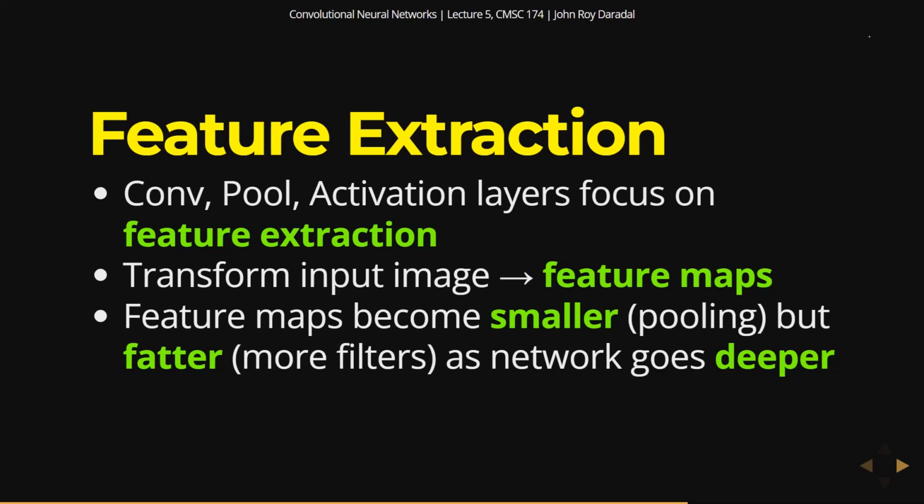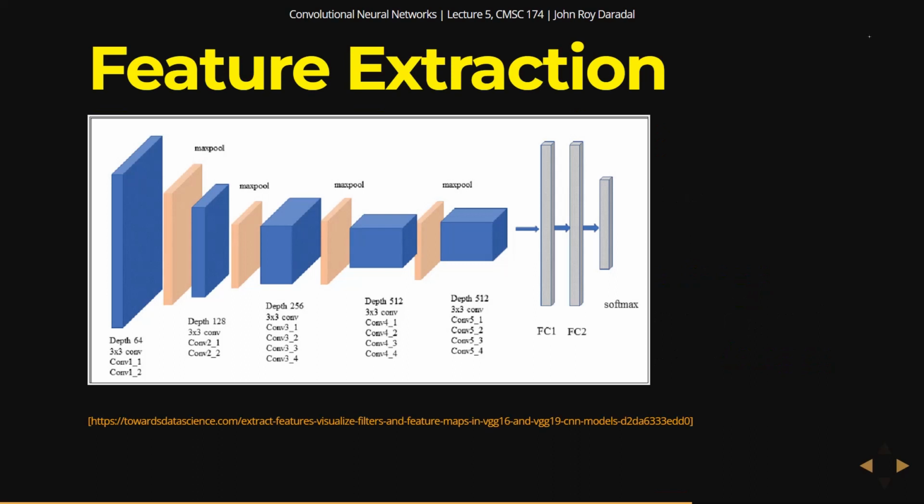Because our feature map is smaller, we can afford to add more filters since we are processing only smaller dimensions right now. As we go deeper, we can observe that the feature map becomes smaller in size but fatter. So let's see some examples.